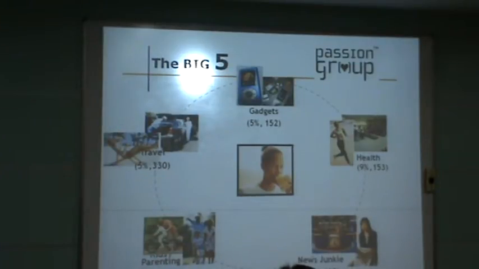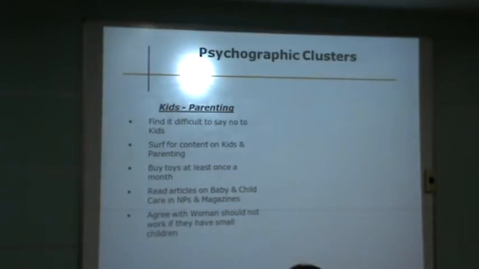And the next step is, what do I do with these? The next step is understanding what are the problems that are faced by this cluster of people. They find it difficult to say no to kids. They surf for content on kids and parenting. They buy toys at least once a month.